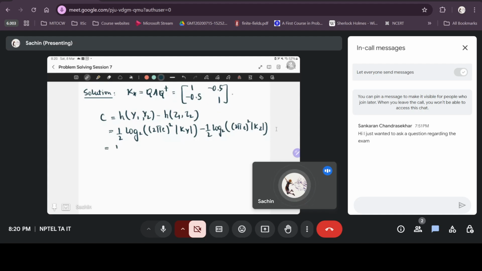But KY is KX plus KZ, so this becomes half log of, we can take half common and then you will get log a minus log b, which is log of a by b form. So this is half log of determinant of KX plus KZ, the 2 pi whole squares cancel each other, divided by determinant of KZ.